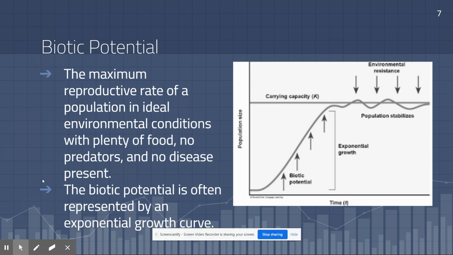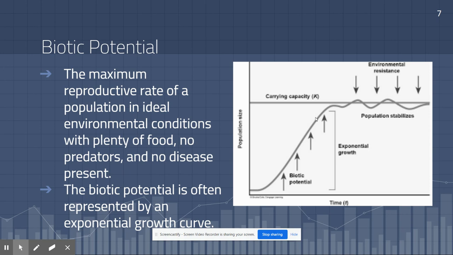So the biotic potential we can see on the graph here is this period of exponential growth. We have a lot of growth happening in the population because there's plenty of food available. There's no predators that are controlling that population. There's no disease present within that population. And so we have this exponential growth curve where that population is able to increase dramatically.